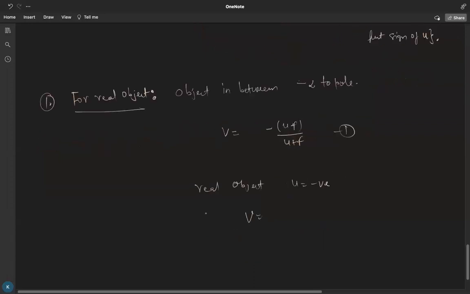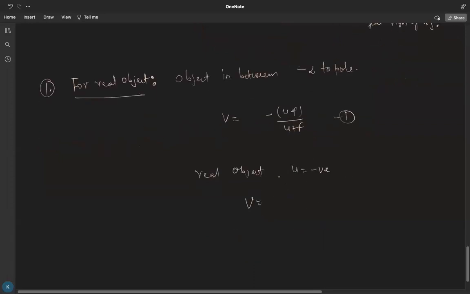So what we get, v is equal to, here we put the negative, so the numerator becomes positive, so minus uf by u plus f. You have to just keep the formula in mind and use the sign convention properly. Okay, so this is the thing for the real object.